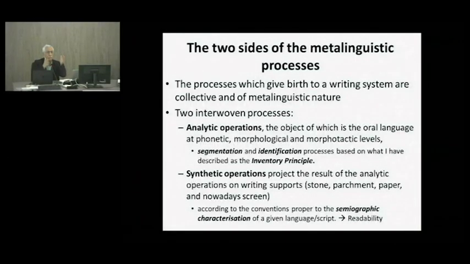The operations are segmentation, a type of segmentation which I will not describe because it would take too much time. Then identifying units. Units in Arabic would be letters and word forms.